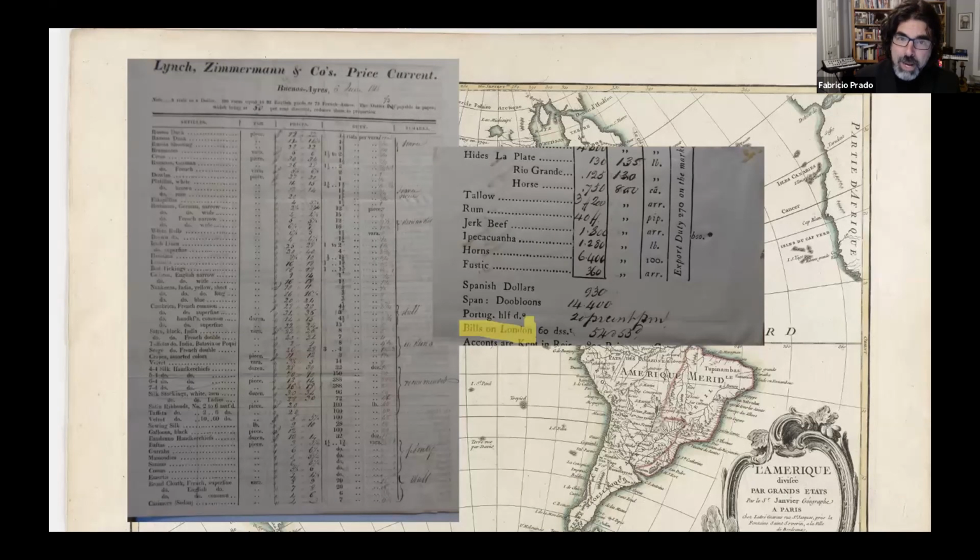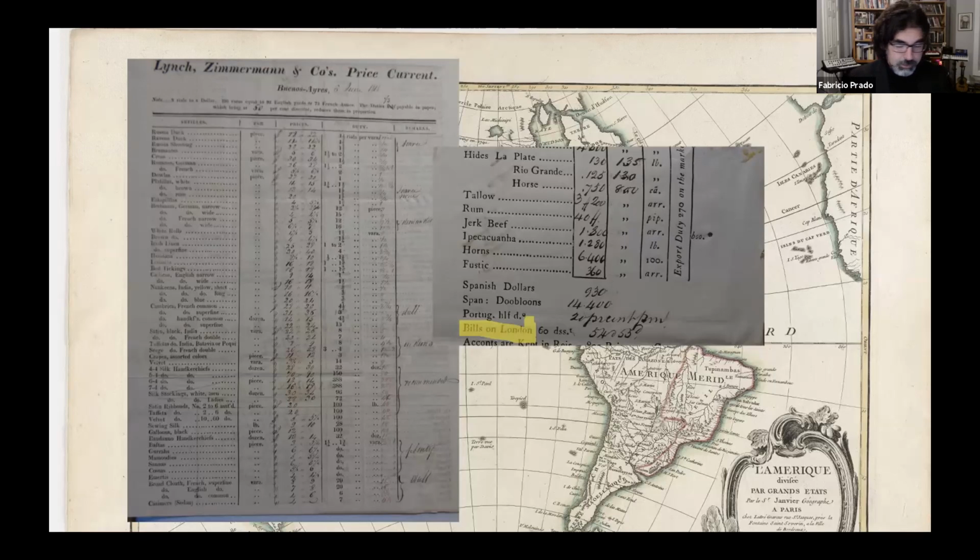Rather, it would come back to the United States. And it's not by chance that during this period we have the creation of several banks in New England and even in Philadelphia, all related to these new routes established in Rio de la Plata.